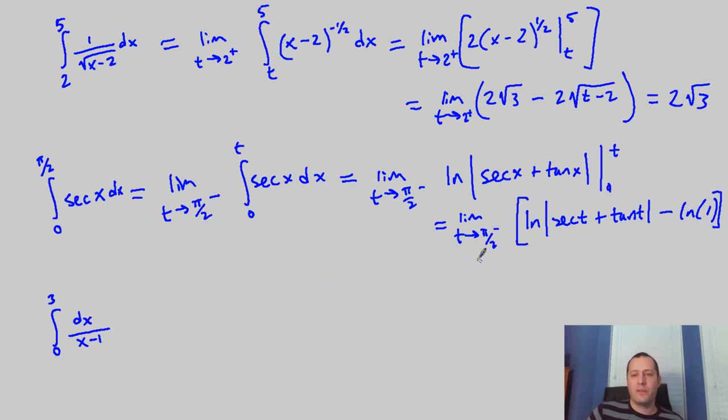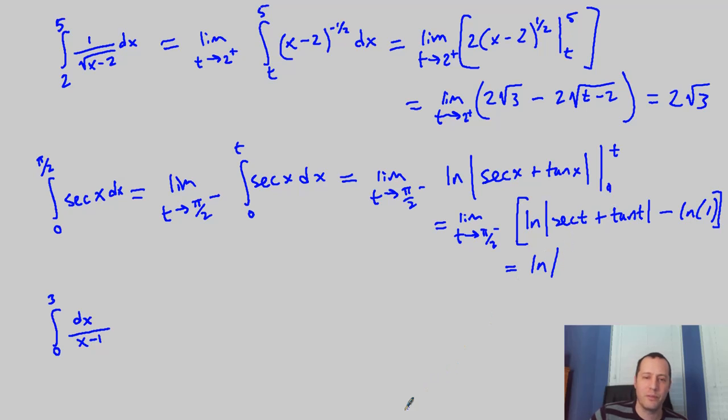So really we just now are taking this limit as t approaches pi over 2 from the left of this natural log of the secant of t plus tangent of t. And the problem we run into here is that the tangent of t is undefined. It approaches infinity as t approaches pi over 2 from the left, right? So we've got the natural log of, well, secant's approaching, well, it's the same issue, right?